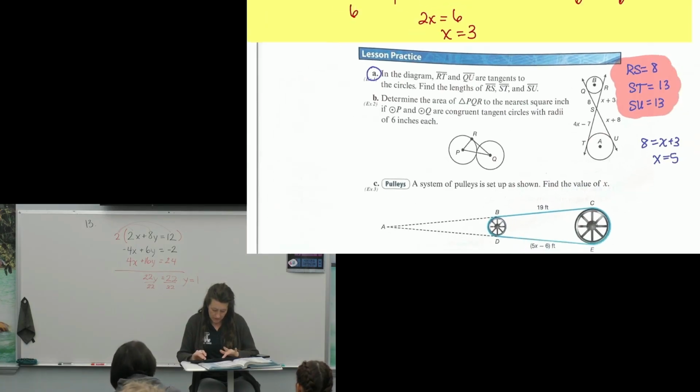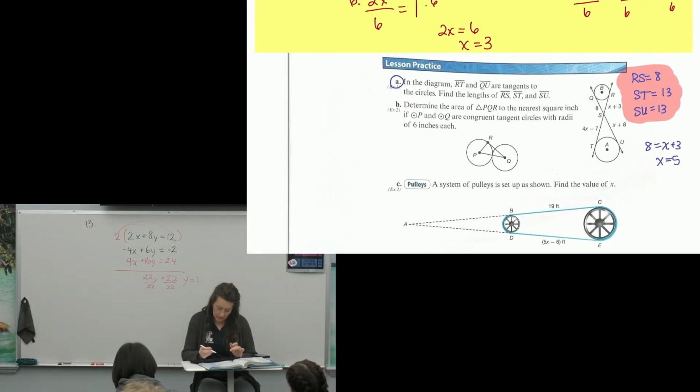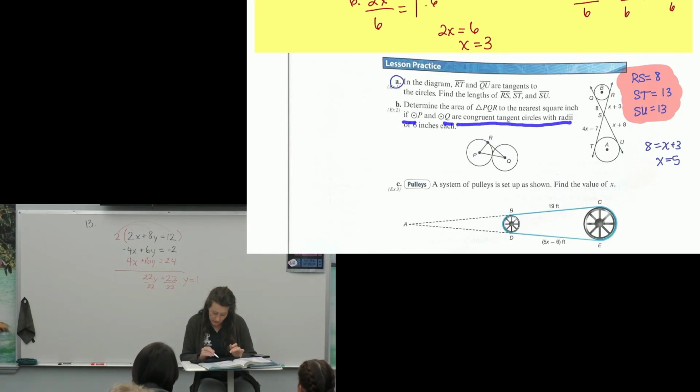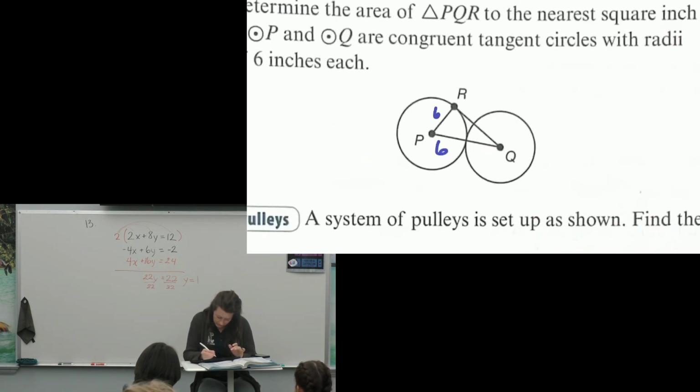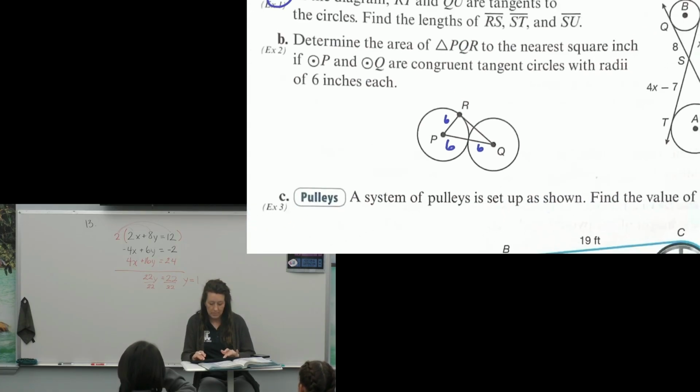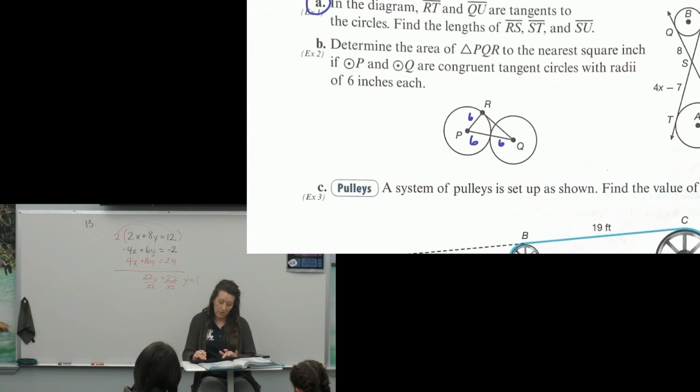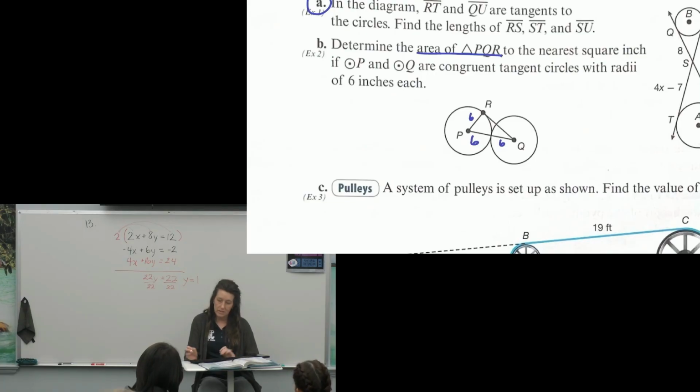Okay, B is kind of similar to the one we did a minute ago. Determine the area of the triangle PQR to the nearest square inch if P and Q are congruent tangent circles with radii of 6 inches each. So if that radius is 6, this radius is 6, this radius is 6, and that is tangent, then how are we going to find the area of this triangle?